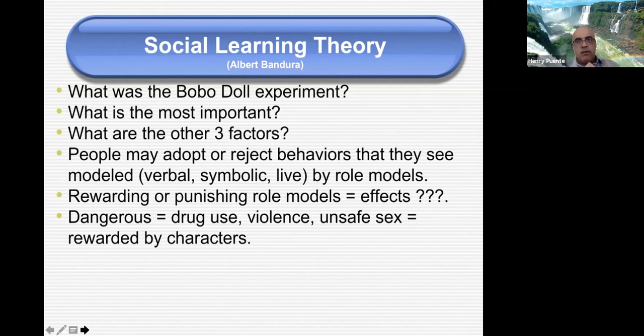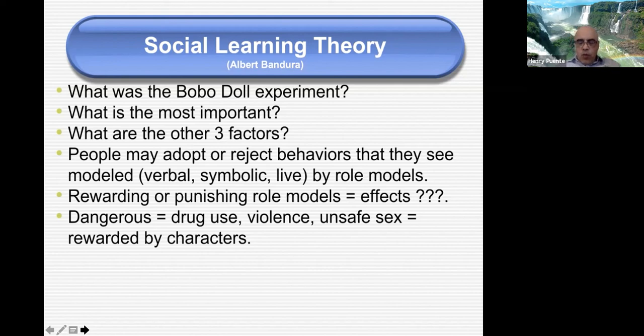But anyway, Bandura has this experiment where you have adults with the Bobo doll on one side of the glass, and a bunch of kids on the other side observing the adult.